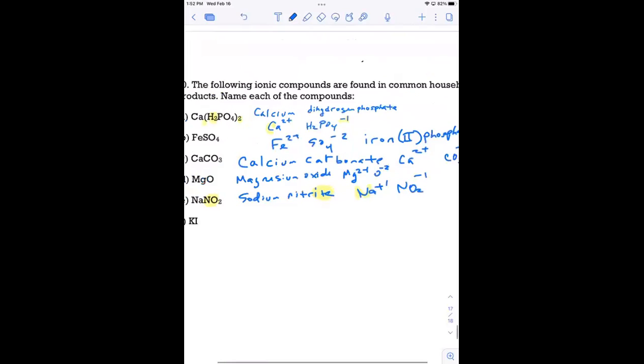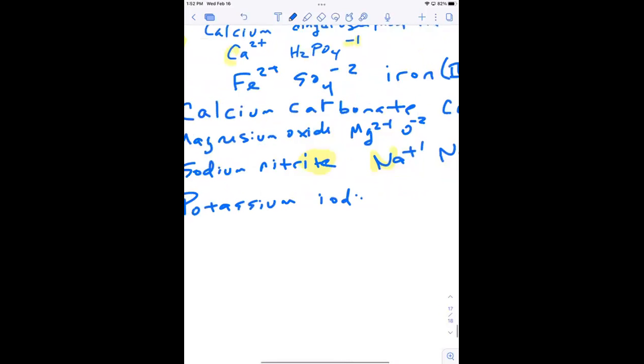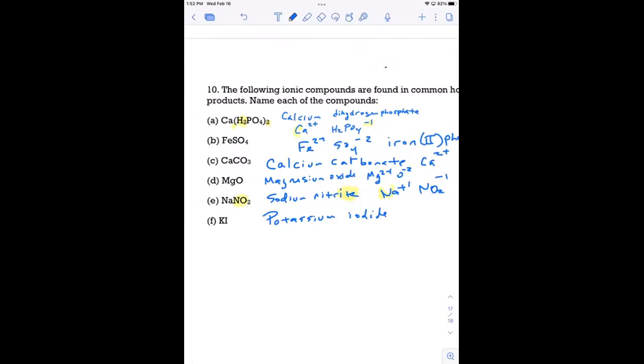All right. The last one, I'll do it. It's the easiest one on here. It's potassium iodide. So we had calcium dihydrogen phosphate for the first one, iron sulfate, iron 2 sulfate for the second one, calcium carbonate for the third one, magnesium oxide for D, sodium nitrite for E, and potassium iodide for F. Yes, FeSO4.